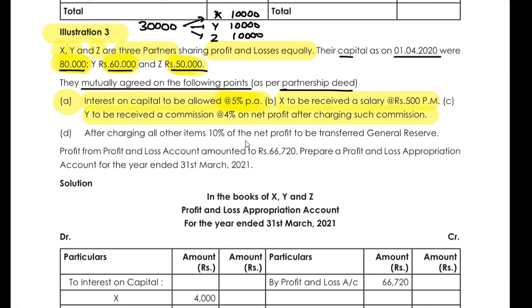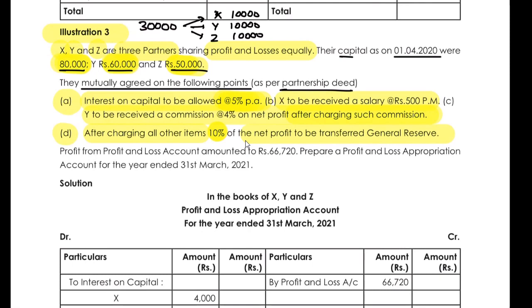This line is important: after charging such commission. And then after charging all other items, 10% of the net profit is to be transferred to the general reserve. So before distributing the profit, you need to transfer 10% to the general reserve.